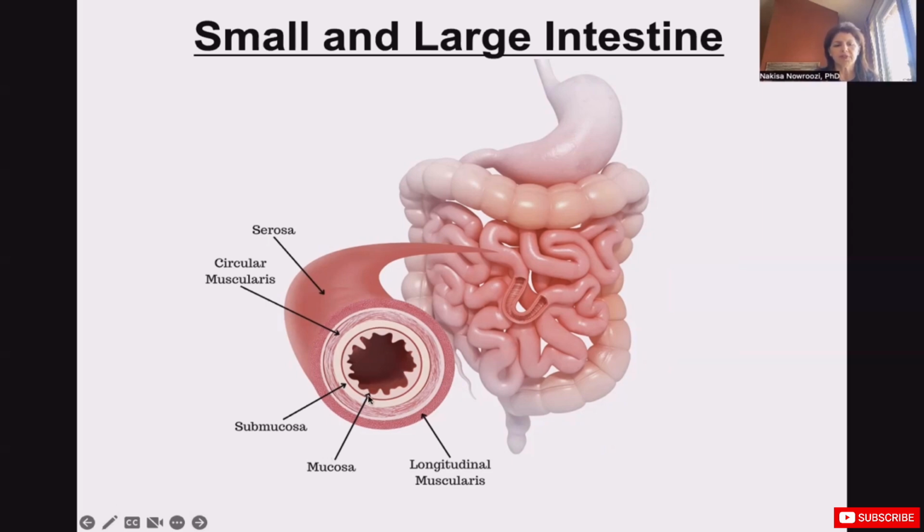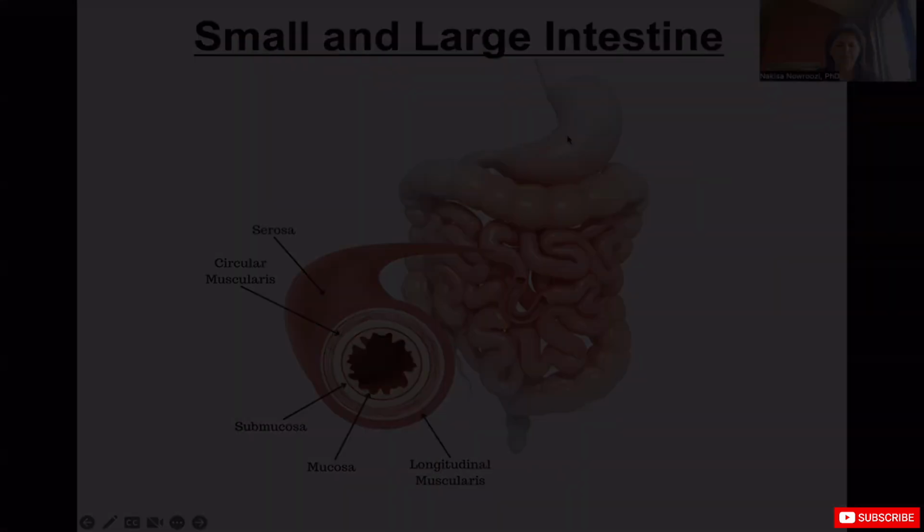So you go mucosa, submucosa, circular, and longitudinal. And the very top layer covering the longitudinal towards the outside is called serosa. So this is the small intestine, and this is the large intestine, and this is the stomach.